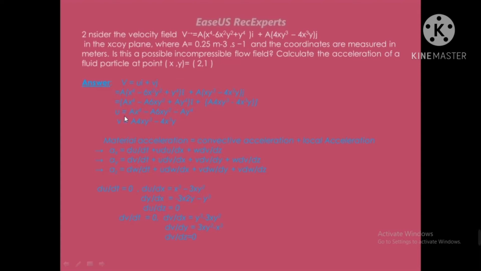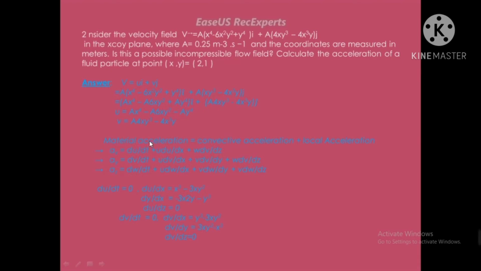After putting the values of u and v, we get u equal to ax to the power 4 minus 6a x y square minus a y to the power 4, and v equal to 4a x y cube minus 4a x cube y.